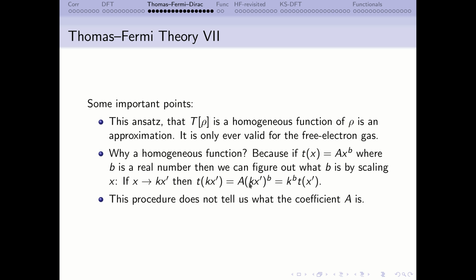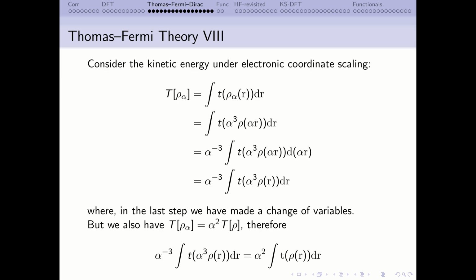And if you pull out a k to the b, we get t of x prime back again with a k to the b here. So you scale the coordinates by k and you get out a power of k, which tells you exactly what the order of the homogeneous function is in that coordinate, but it won't tell you what a is.